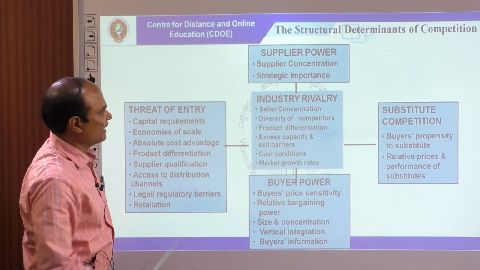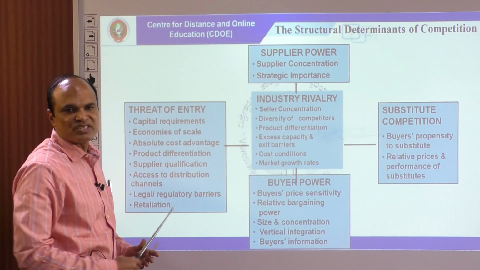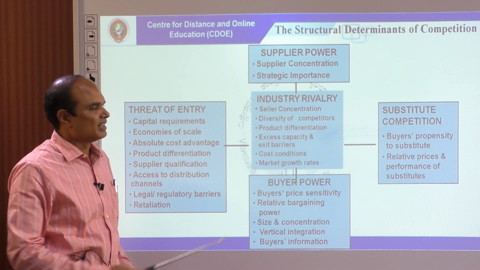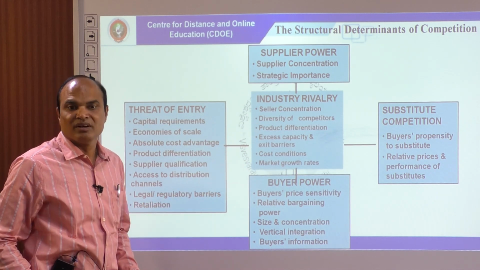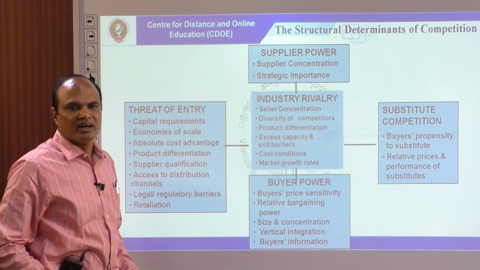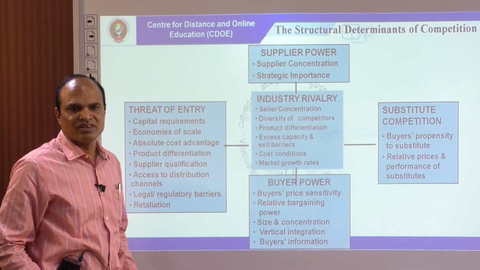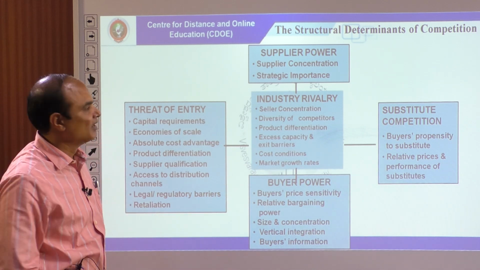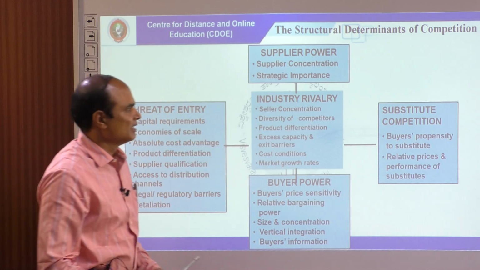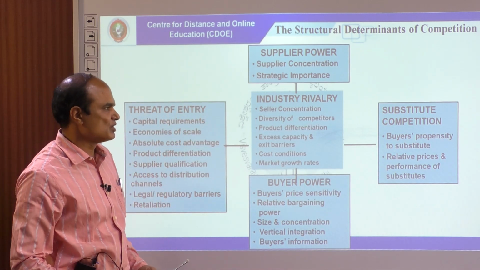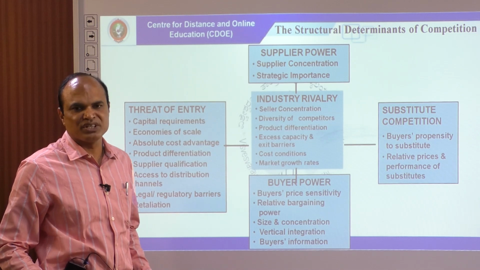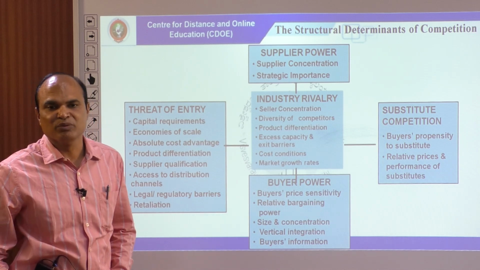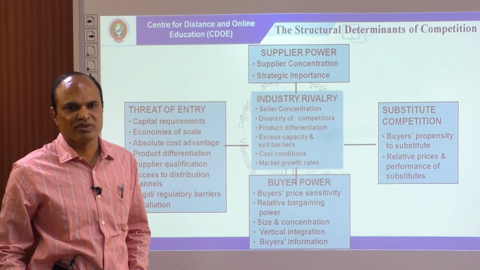The second component in horizontal forces is industry rivalry, which pertains to seller concentration, diversity of competitors, product differentiation, excess capacity and exit barriers, cost conditions, and market growth rates. Then the last one in the horizontal forces is substitute competition: buyers' propensity to substitute, relative prices and performance of substitutes.